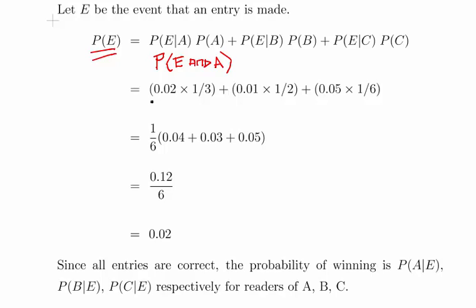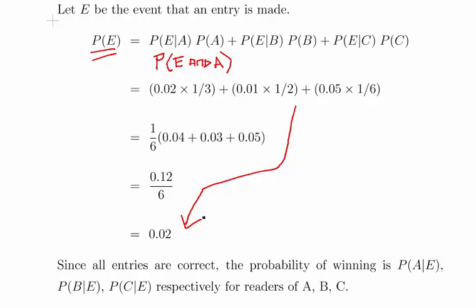When we multiply it out, it is 0.02 times 1/3 plus 0.01 times 1/2 plus 0.05 times 1/6. A bit of number crunching there, and we should end up with an answer of 0.02.